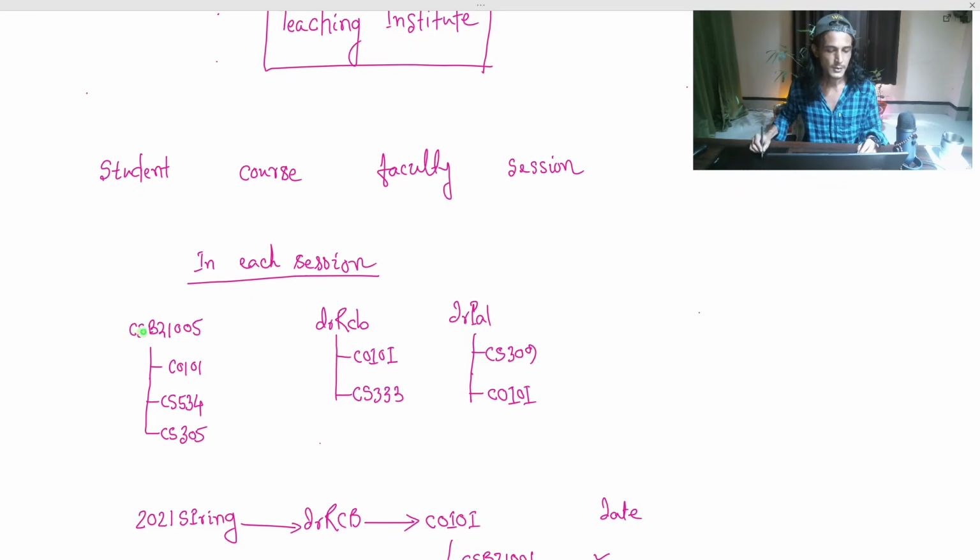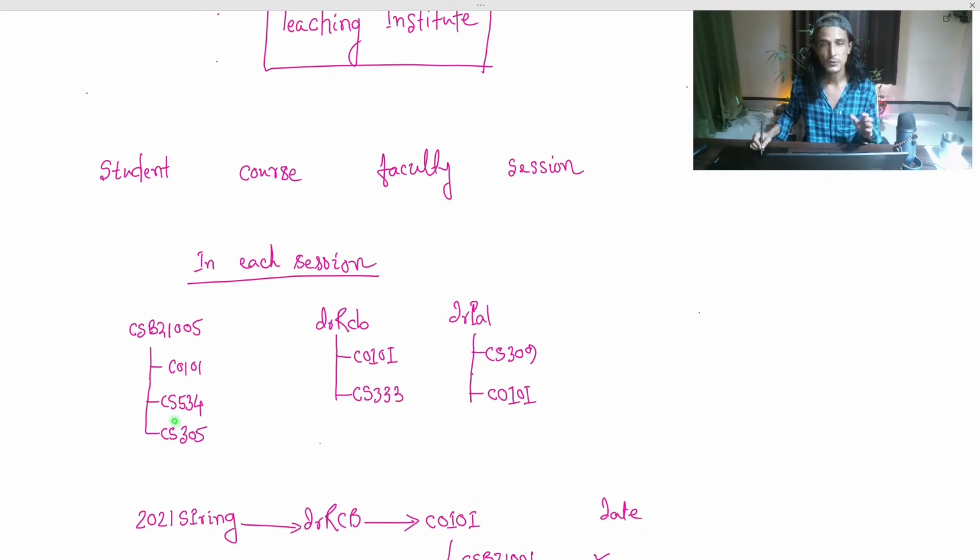Say for example, I'm talking about this CSB21005. Each student will be taking a set of courses in a particular session. See here, in each session, say for example 2023 autumn semester, this particular student has taken these 3 courses. That is the meaning. So in each session, a student will register for a set of courses.